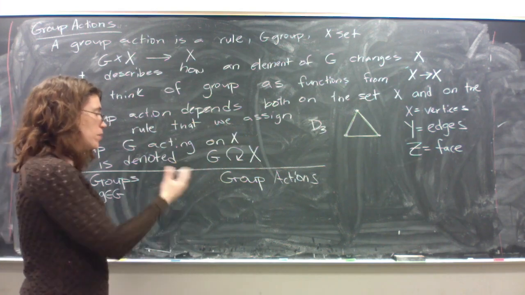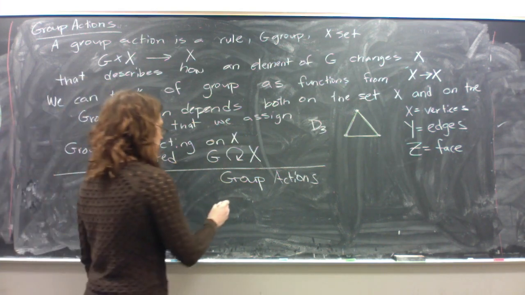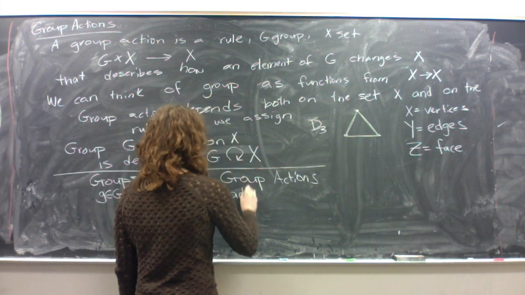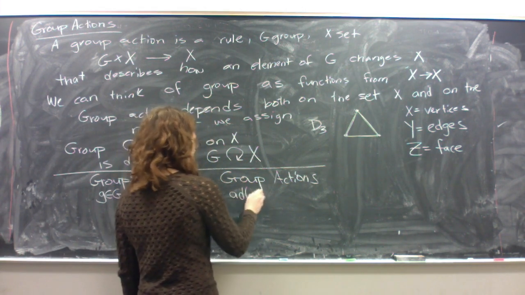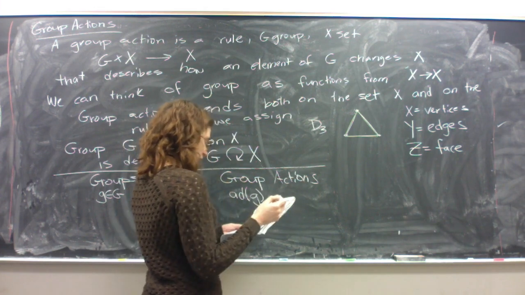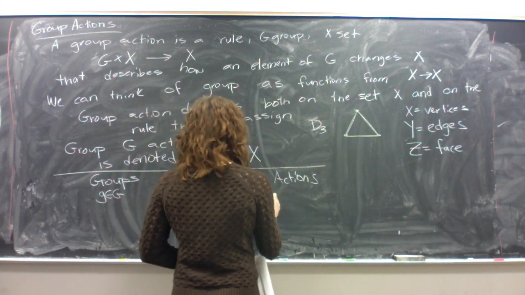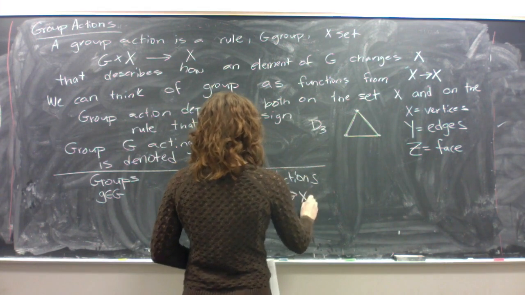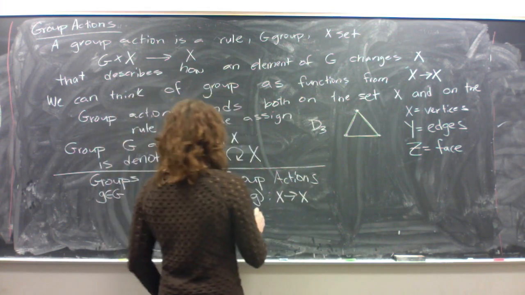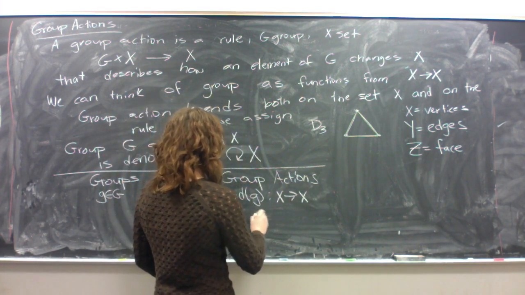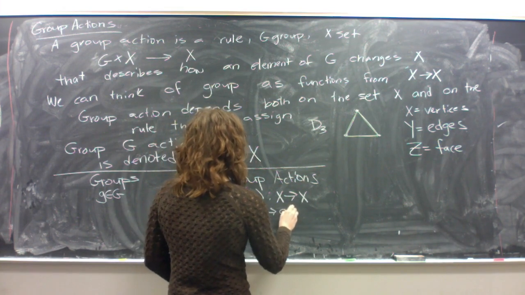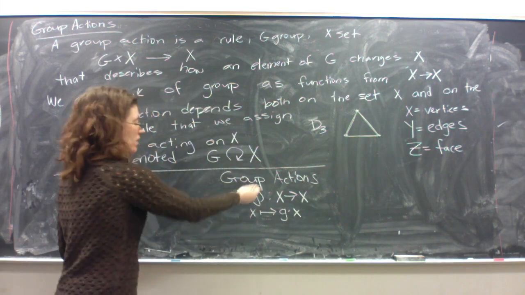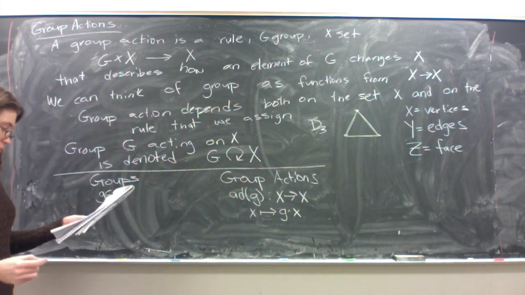And each element of the group corresponds to a particular group action, which we saw in our reading is called A_g. And A_g is a function from the set X to itself that's defined by sending x in X to g dot x, dependent on whatever this group action is.